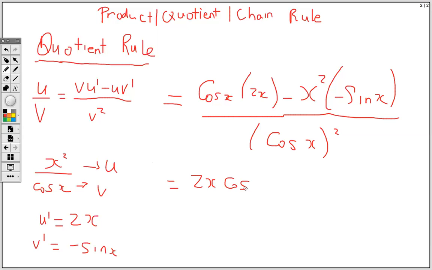So we're doing a little rearrangement. Then this negative times a negative gives you positive x squared sine x all over. We can still write it as is, or some persons like to write it as cos squared x.